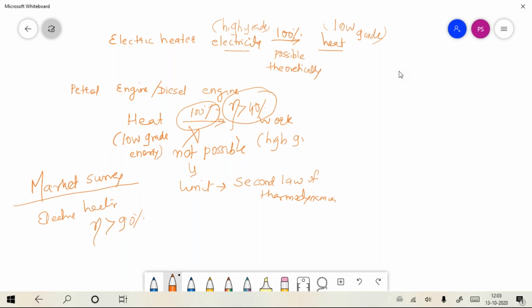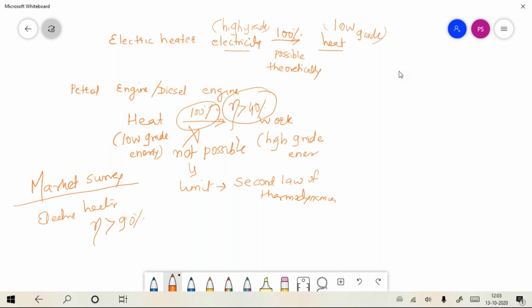So I hope that now you have figured out that, as per the second law, energy is always conserved, not destroyed, according to the first law of thermodynamics. However, this statement is meaningless.